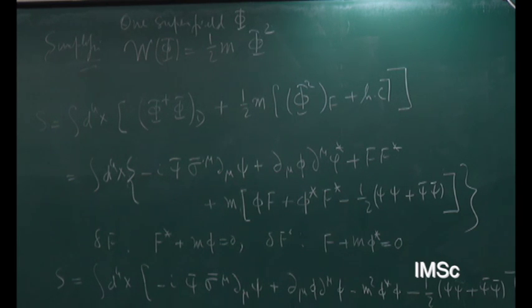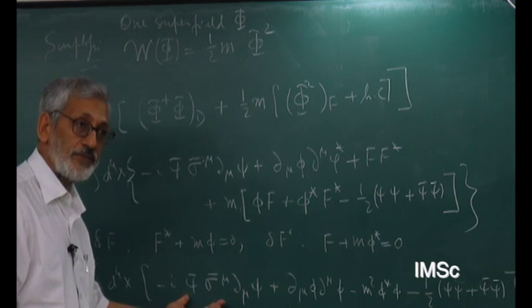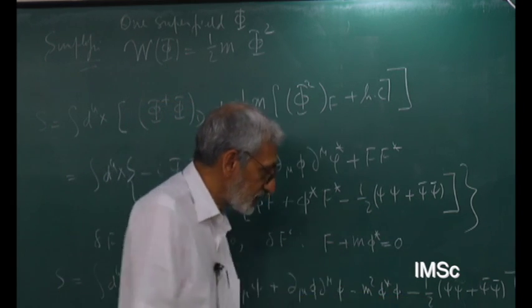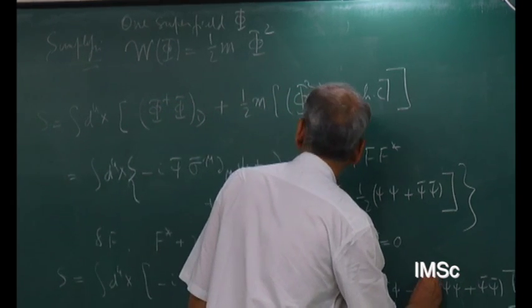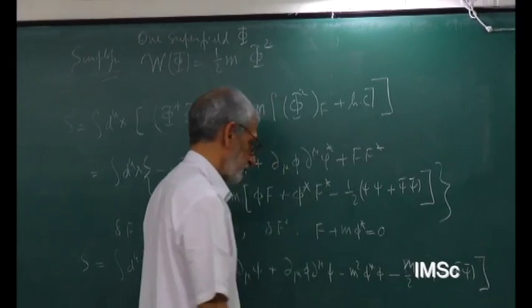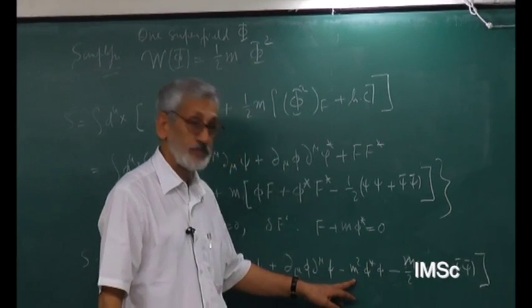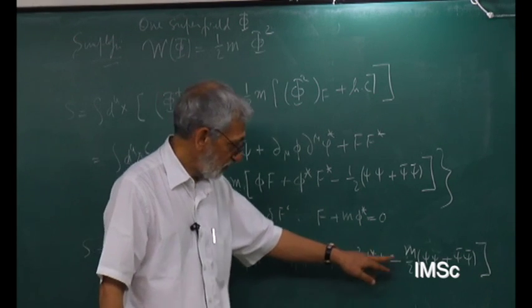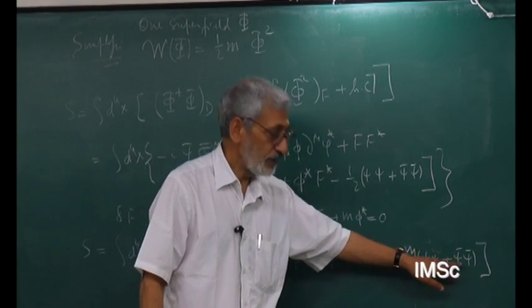Like he said, it's a free theory containing a fermion and a scalar, both of the same mass. For the scalar theory, m squared times phi dagger phi is the mass term. For fermions, it is m times psi bar psi.